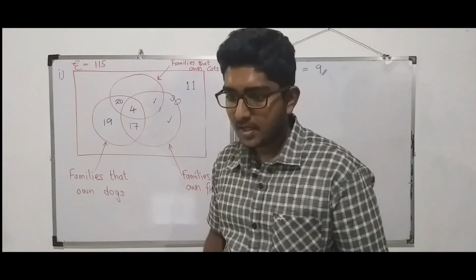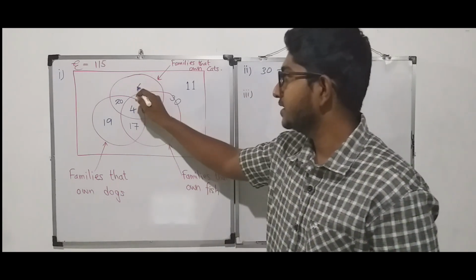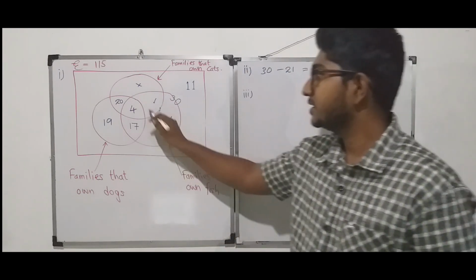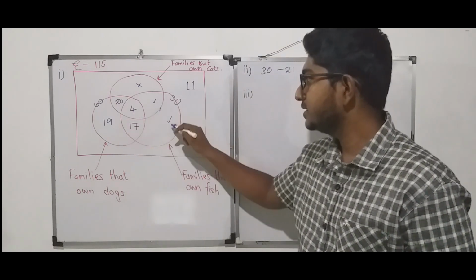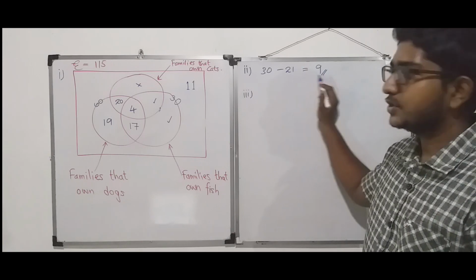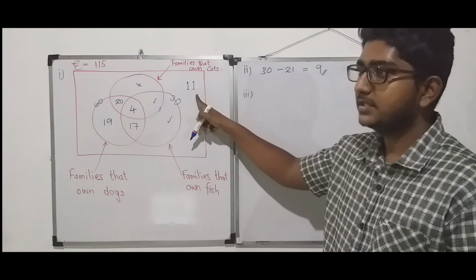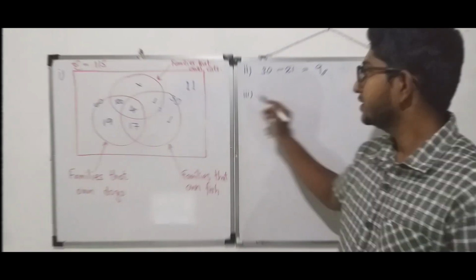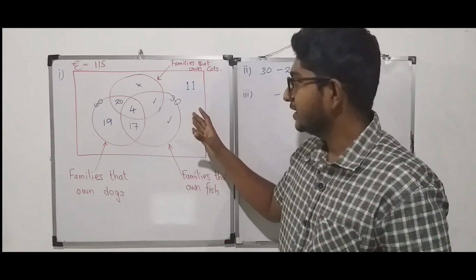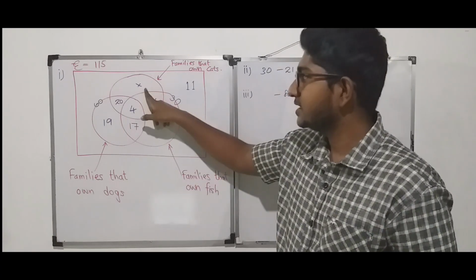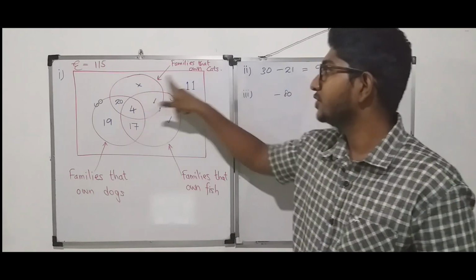Question number 3. How many families own only cats? So only cats, this is the region. In this circle we have 60. These two regions, that is 9. So 60 plus 9, 69. 69 and this 11 is 80. 80 is the number that is there in all the regions except for this region, which represents the families which own only cats.